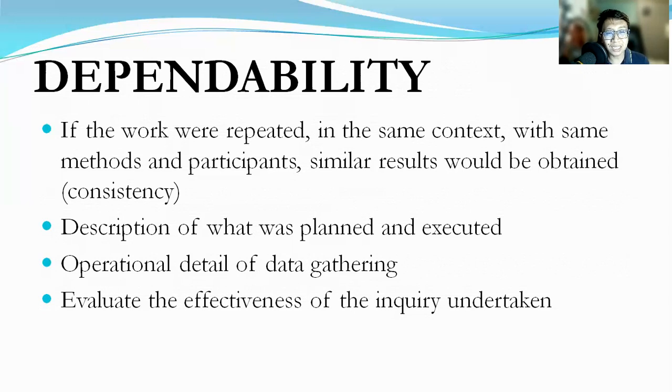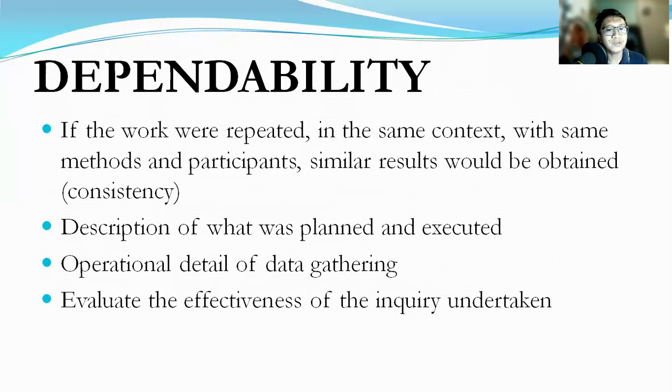So that is just to ensure that the moment we repeat our work in the same context, with the same methods and participants, we obtain similar results. Say, for example, the example I gave earlier about teen pregnancy in Visayas. If people in another zone would try to copy or follow that work, it should be the same method and participants and similar things.